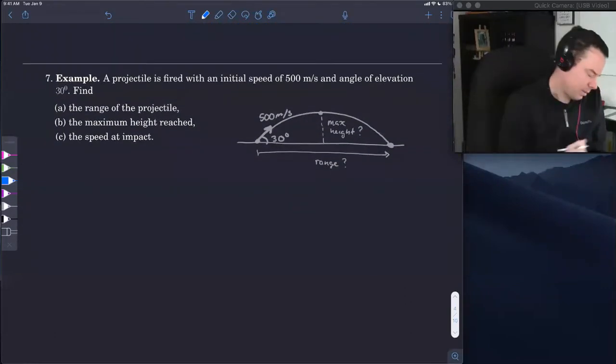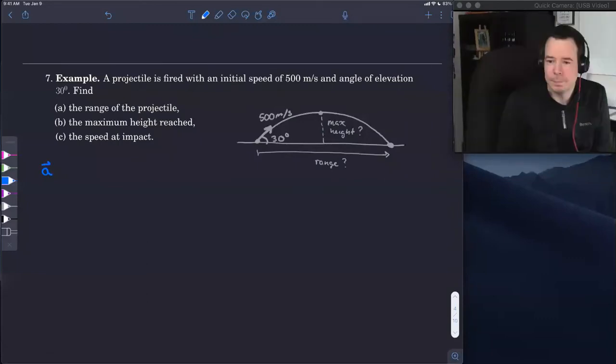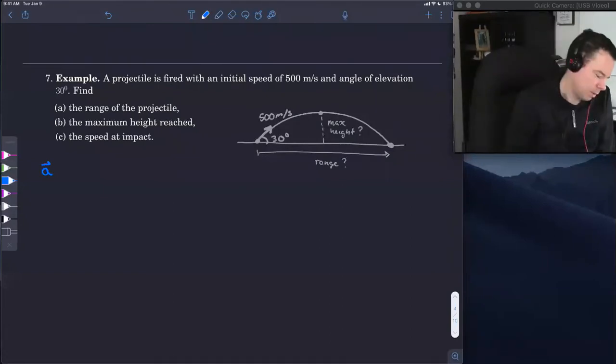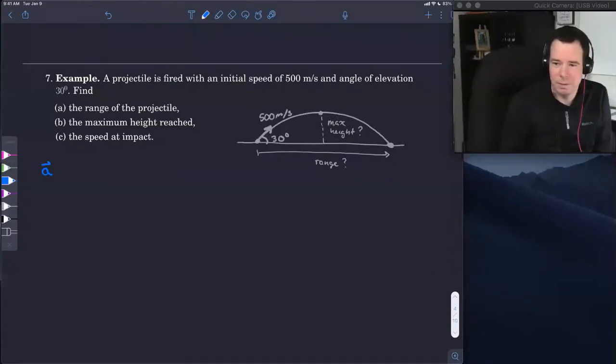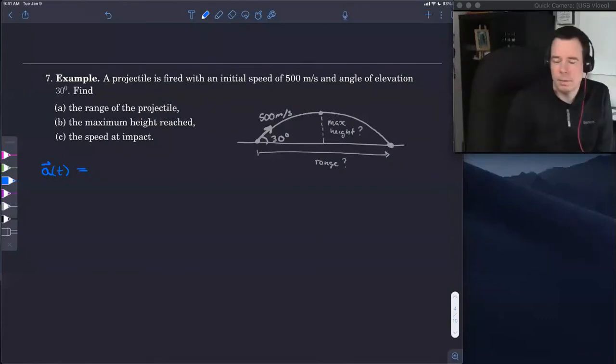So what can we do? Well, the first thing we're going to do is write down what it is we know about this projectile. So we're firing this projectile, assuming we're firing it on the surface of some sort of planet where gravity is taking effect. Then the acceleration is going to be constant.